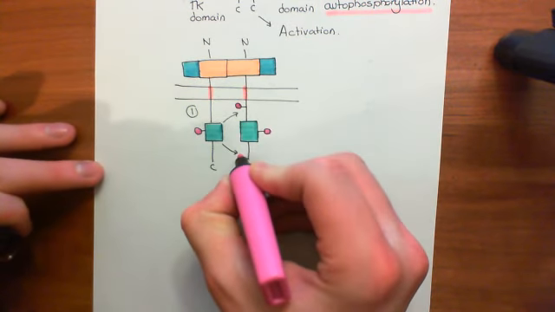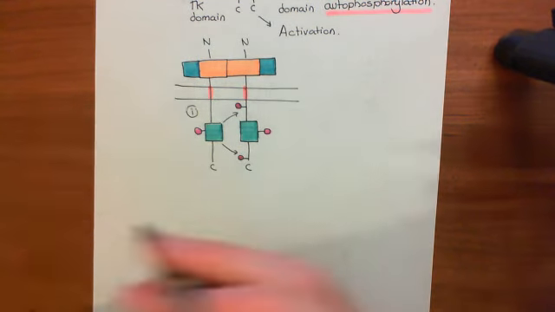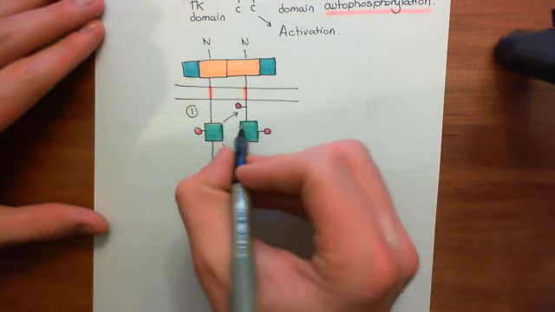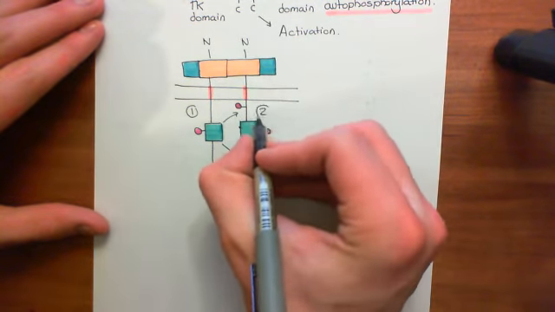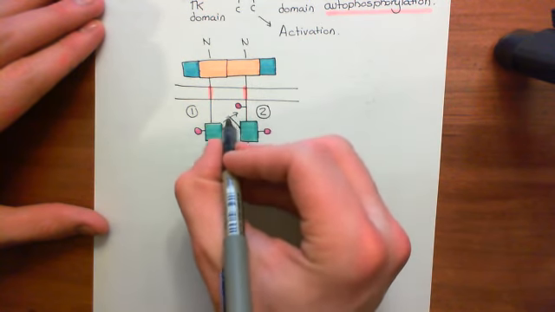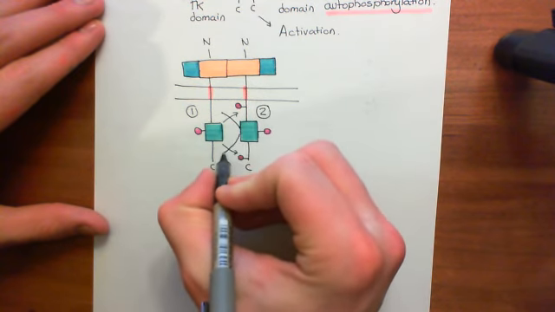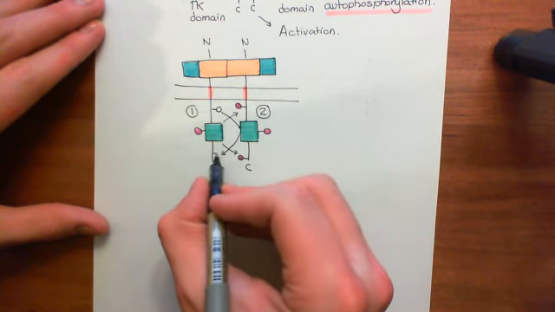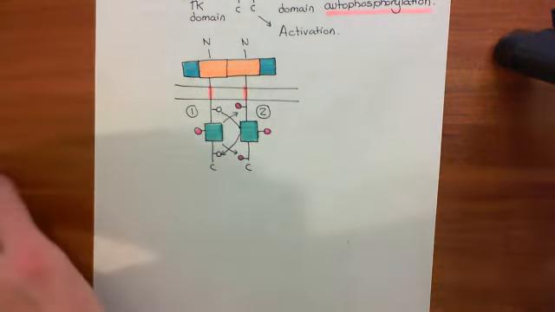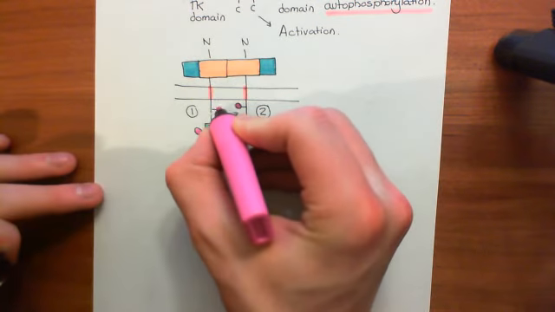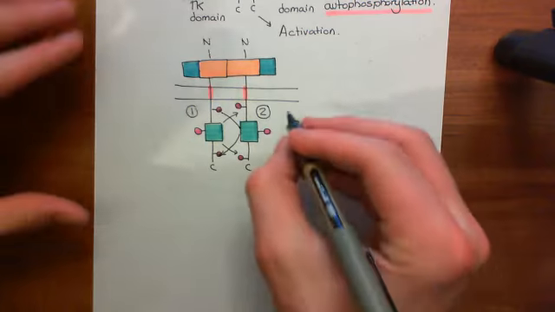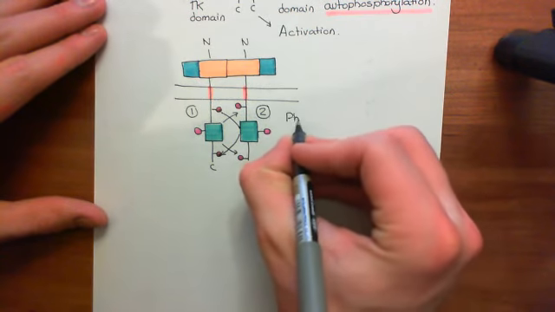One here, one here. Okay, meanwhile, the activated tyrosine kinase domain on receptor tyrosine kinase number 2 is going to do the same thing for receptor tyrosine kinase number 1. So we're going to get phosphate groups put onto the tyrosine residues on the cytoplasmic tail. Okay, right, so we're going to create many of these phosphotyrosine residues.